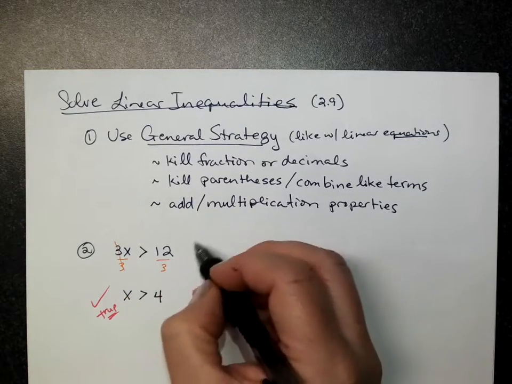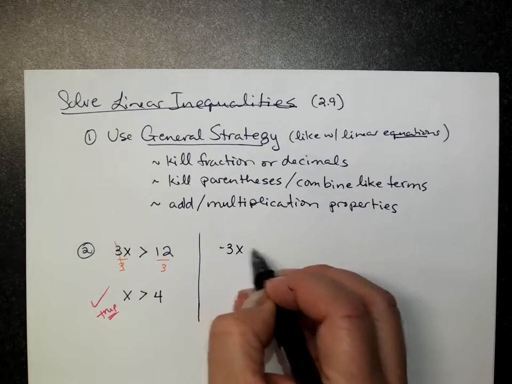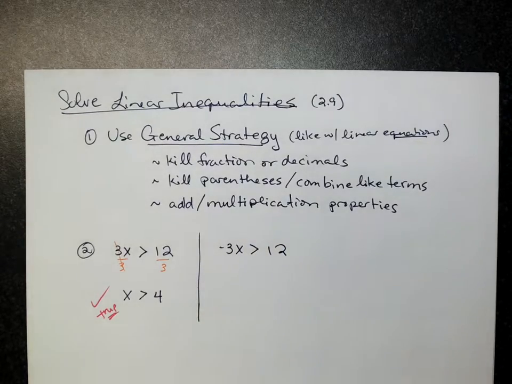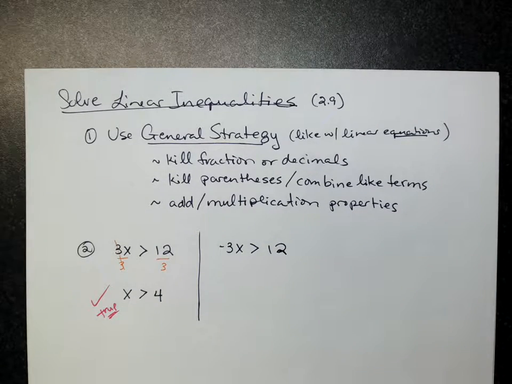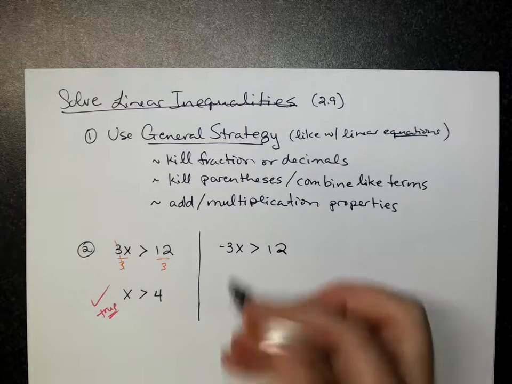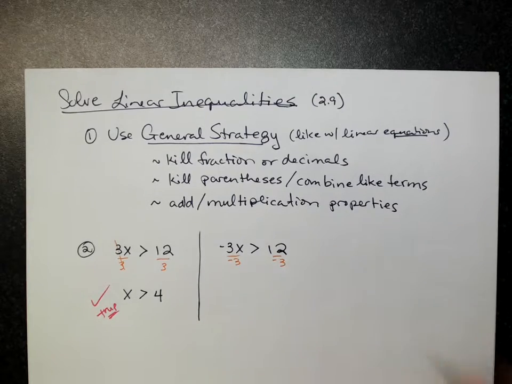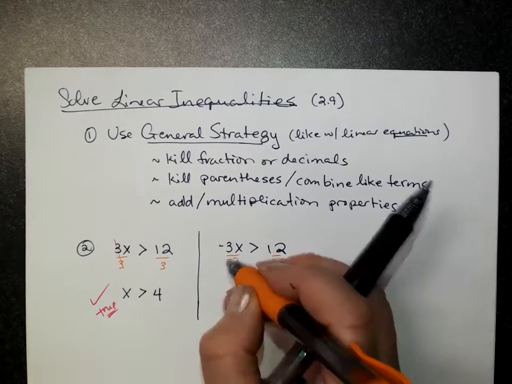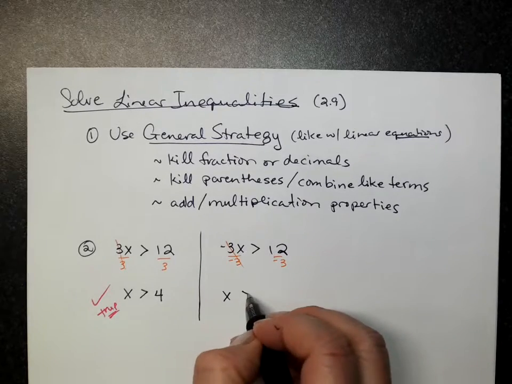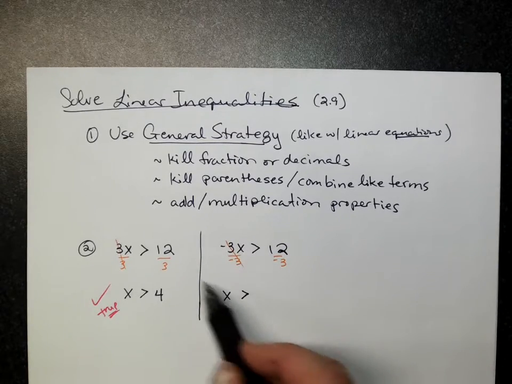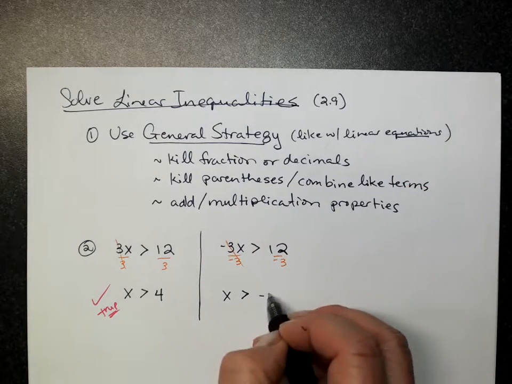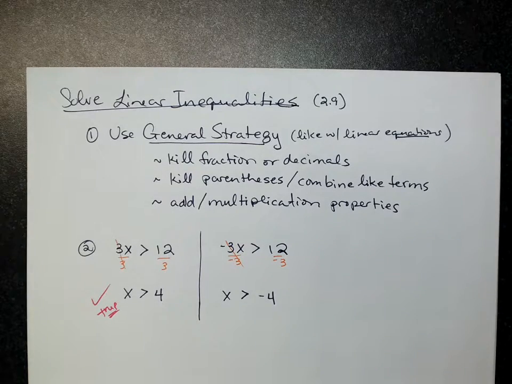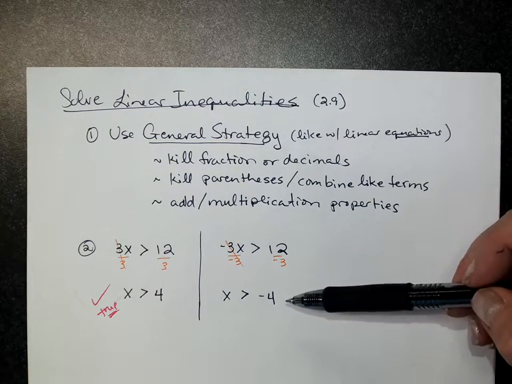All right, now do negative 3x greater than 12. Exactly. If you just do the division like you would with your general strategy for an equation, and keep the same symbol, you get x greater than negative 4. An easy number greater than negative 4 is 0.